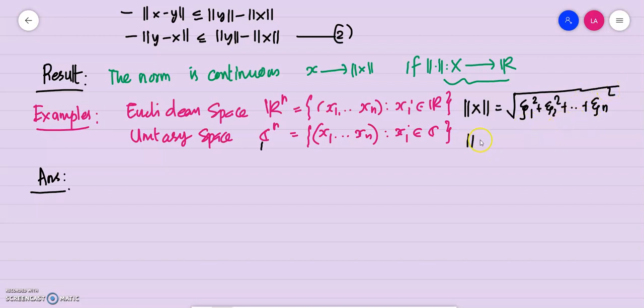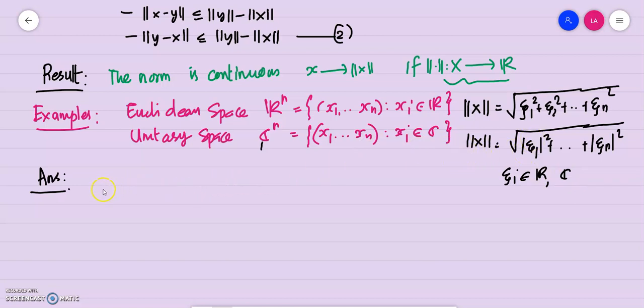And in the case of complex numbers, the norm is the root of modulus of theta 1 square plus etc., modulus of theta n square. Okay, so here the theta i are elements of R in the case of R^n and C in the case of complex numbers. So this is what our norm is.